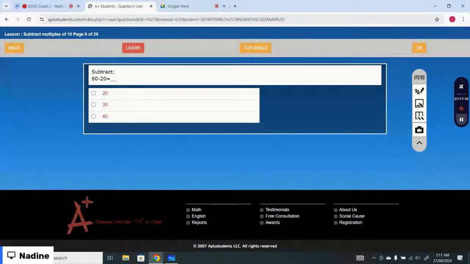The correct option is 60 take away 20 is 40. Option number 3 is the correct option, right?